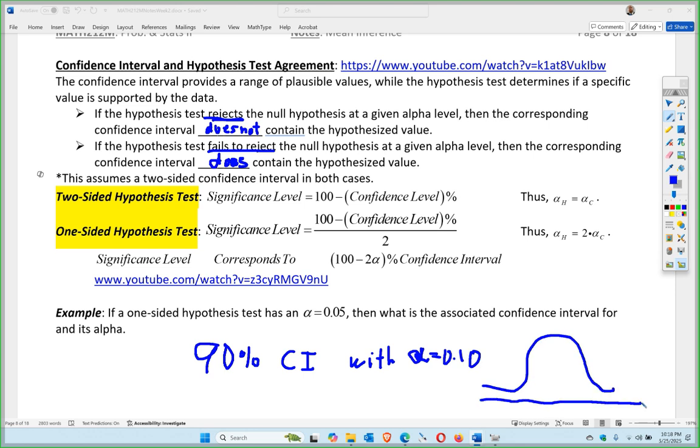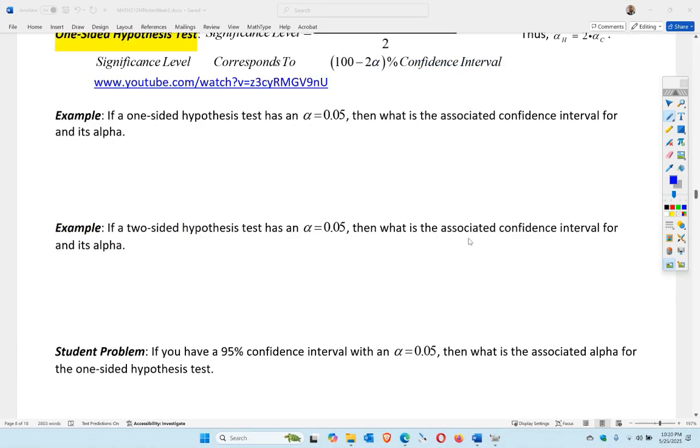If I have a one-sided test, that's 0.05. When I do my confidence interval, the confidence interval is two-sided. All confidence intervals that we do are two-sided. So there's another 0.05 over here, hence why we get 10%. So it's not the same alpha for both the hypothesis test and the confidence interval.